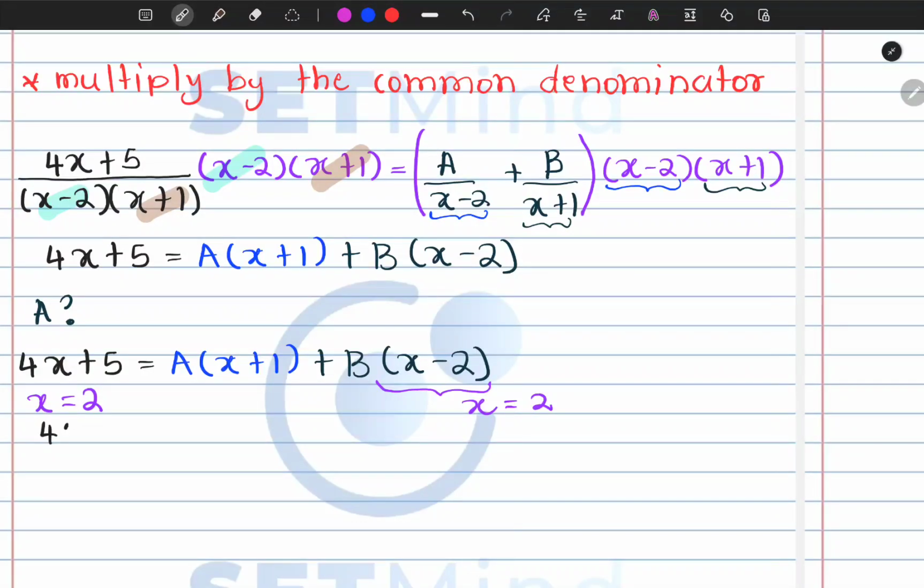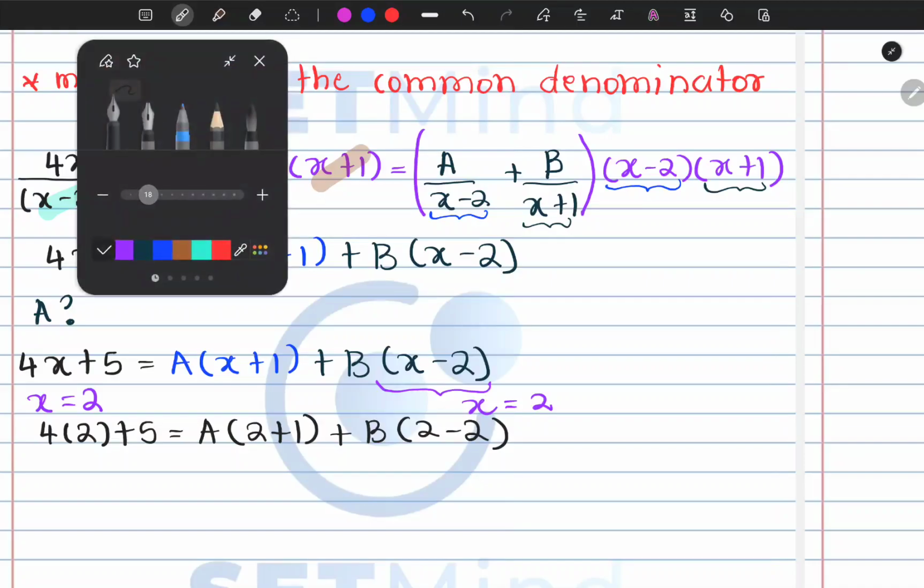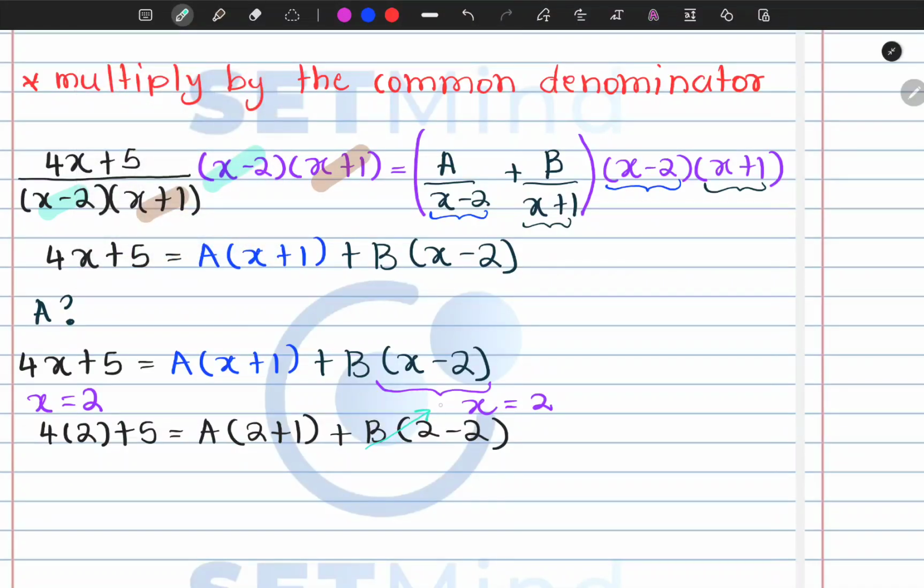So this will be 4 times 2 plus 5 equals a into 2 plus 1 plus b into 2 minus 2. If you look carefully, the 2 minus 2 there ends up multiplying the b, and it is 0.